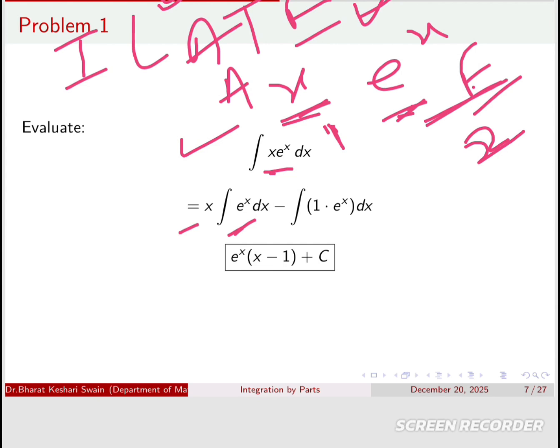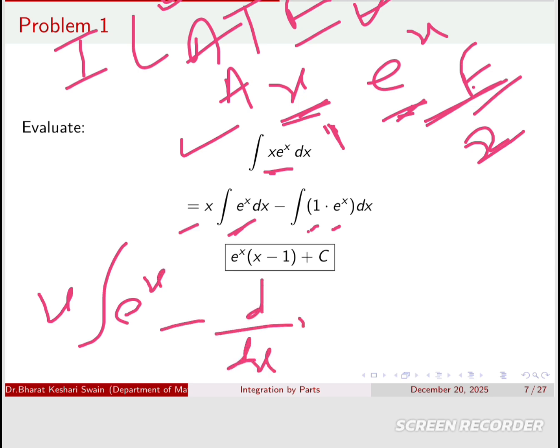Derivative of first means derivative of x, that is 1. Derivative of x is 1, then integration of second. What is the formula? First, that is x, then integration of second, then minus derivative of first, that is d/dx of x, into integration of second, that is integration of e to the power x, then whole integration.